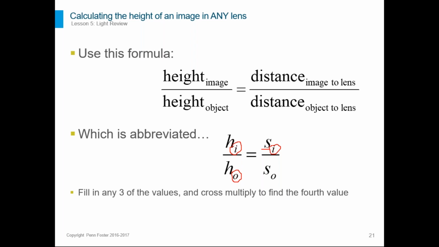So here's an example question. An object is located 300 meters from a converging lens. The image formed is 150 millimeters high at a distance of 90 millimeters from the lens.